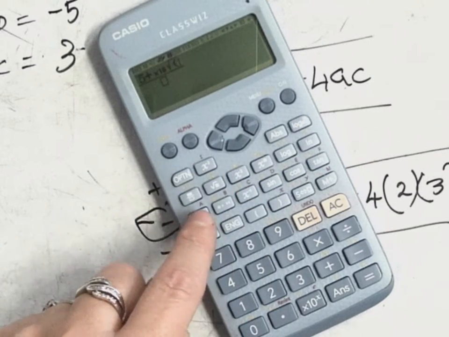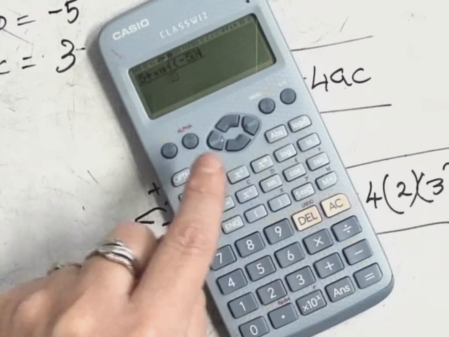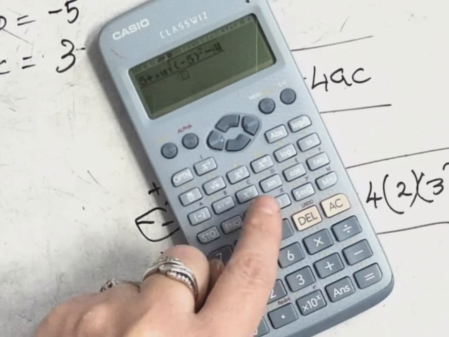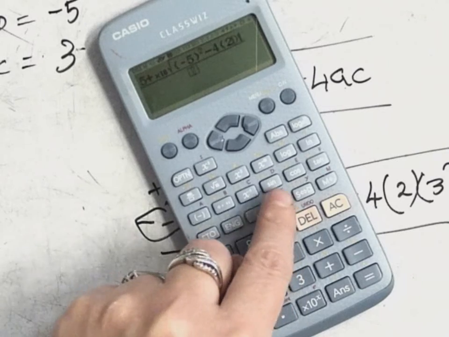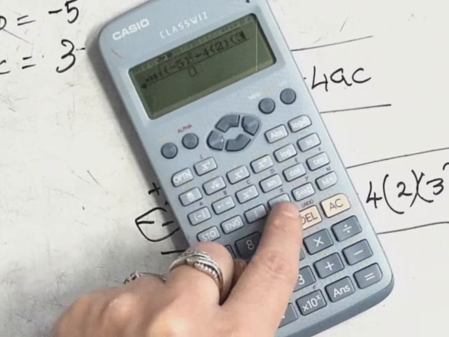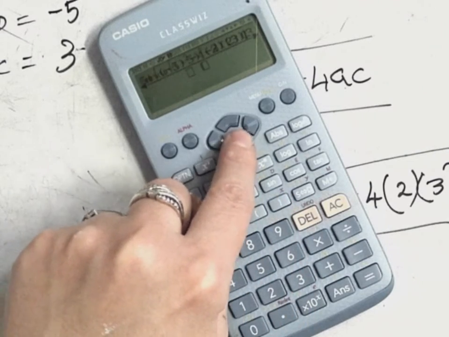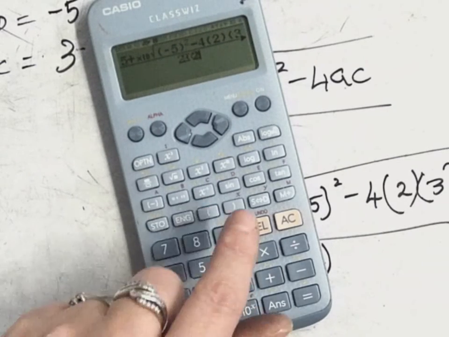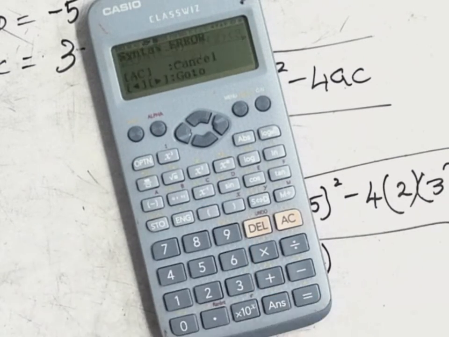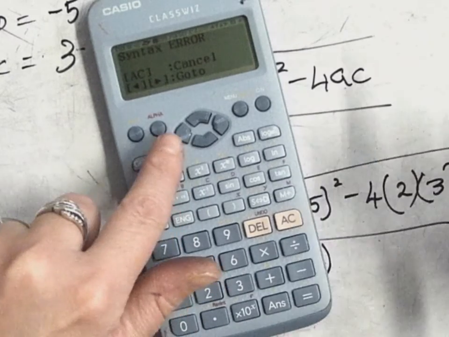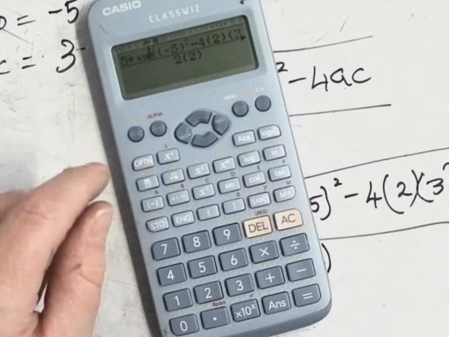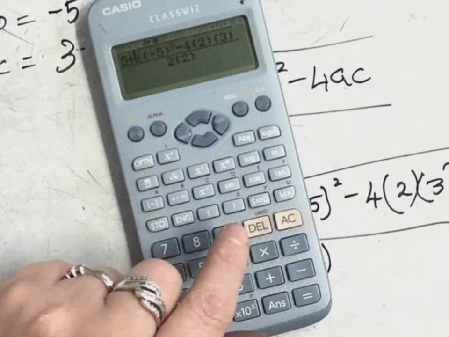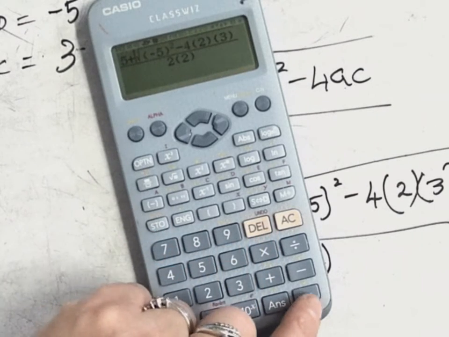Open bracket, minus 5, close bracket, squared, minus 4, open bracket, 2, close bracket, open bracket, 3, close bracket. Then go underneath the line, it's 2 times 2, equals. Right, and I've done something wrong. What have I done? Minus 5, oh, what have I written at the start there? Yeah, now I should be right.